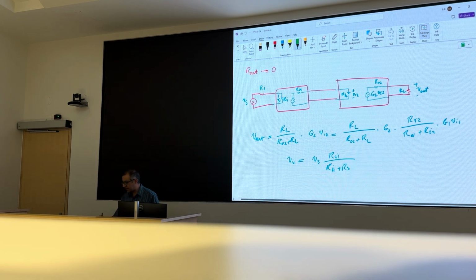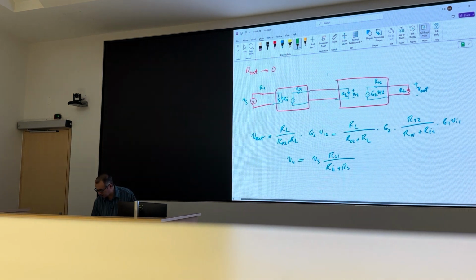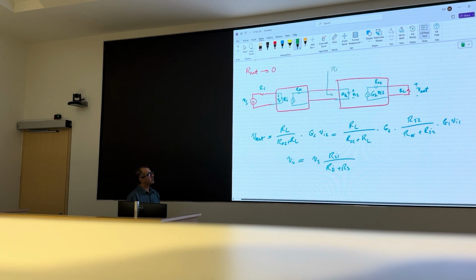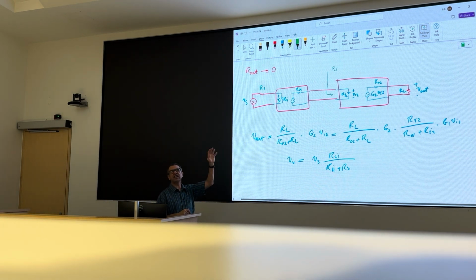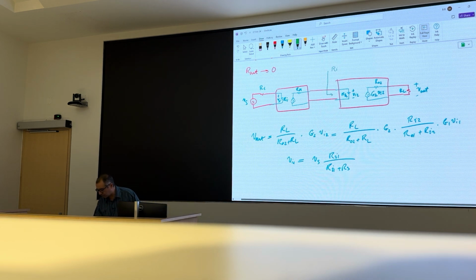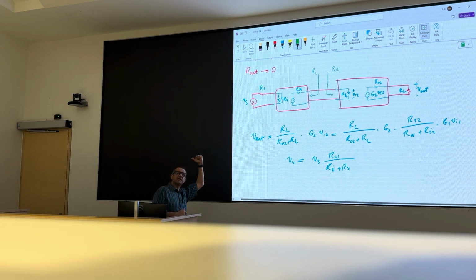And for that reason, there is a concept called impedance at a node. If I look to the left, what is the resistance that I see effectively? What is the resistance that I see when I look back?